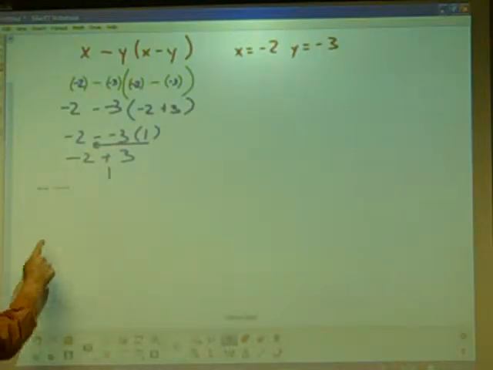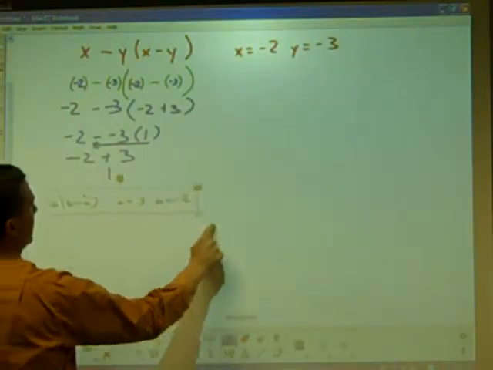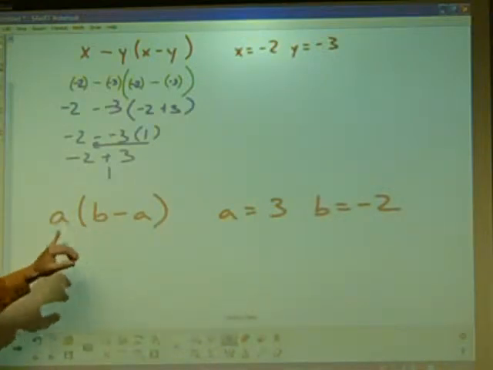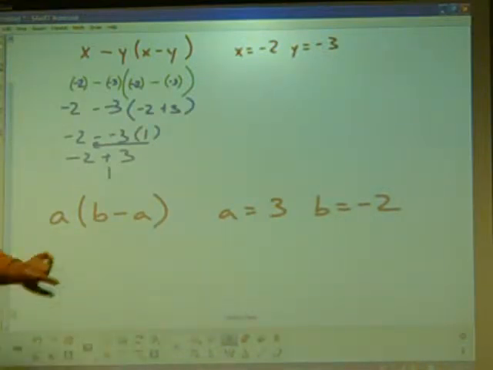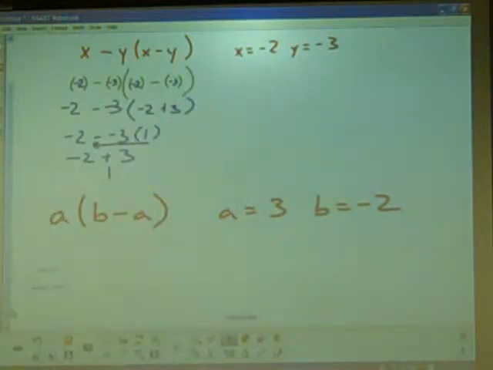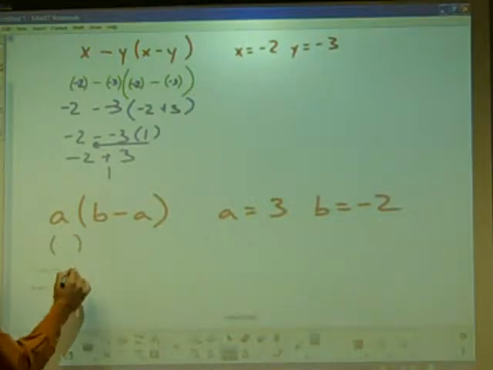If I pull down and bring out the next one, again, I have a simple expression. It's one term, a times b minus a. It's a quantity, a times b minus a. That's just one term, whereas in the past problem we had two terms, 1, 2. So again, I'll do my substitution.